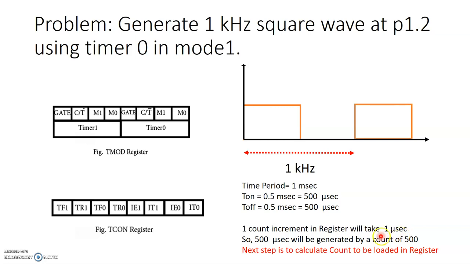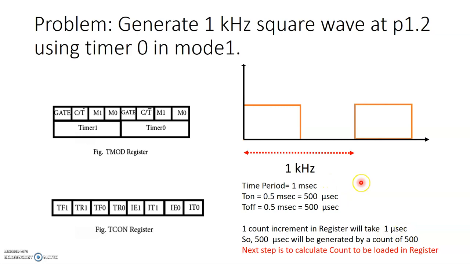That is divided by 12 internally, and that is given to the timers. So for 12 pulses generated by the clock oscillator, we will get one pulse at the timer. That's how we get 1 microsecond.